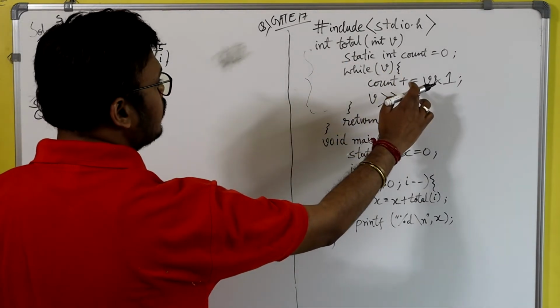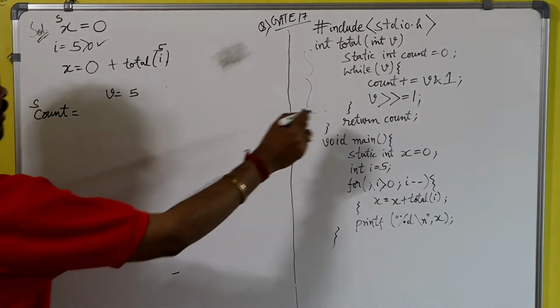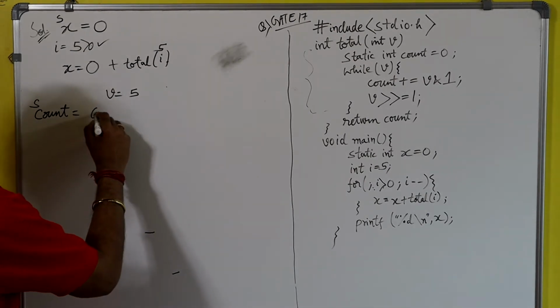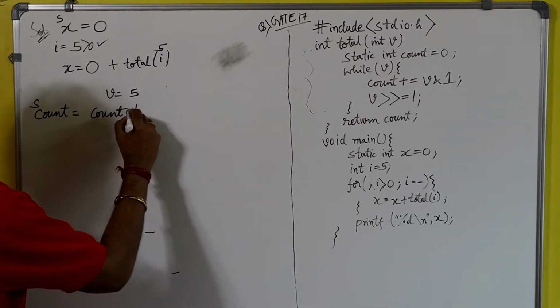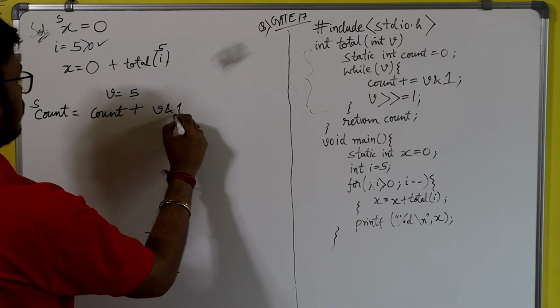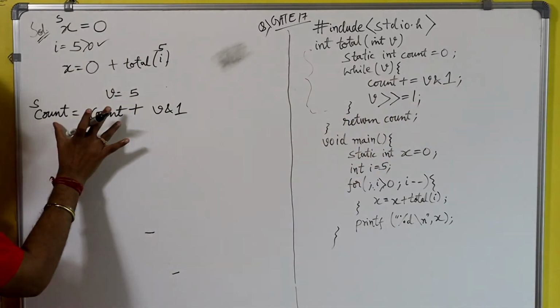So count plus equal to v and 1 means count is equal to count plus v and 1. This line is equivalent to that line.